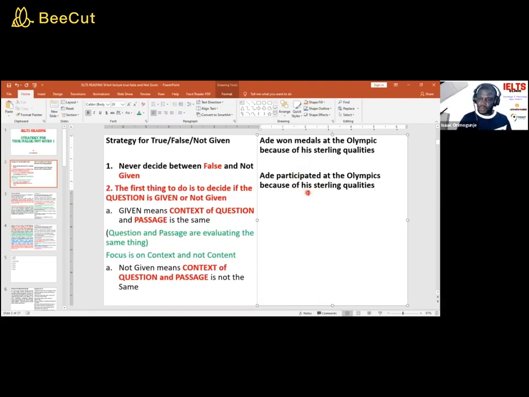The two statements are not measuring the same thing. So if this was in the passage and this was in the question, it would be an automatic not given. It's confusing in IELTS because you look at the content and they look as if they contain the same thing, but participated and won a medal are actually the key action, the context.